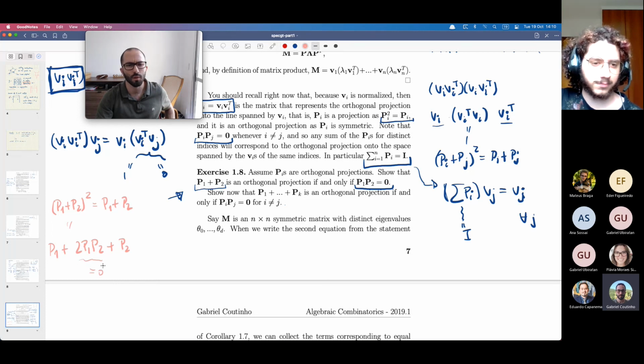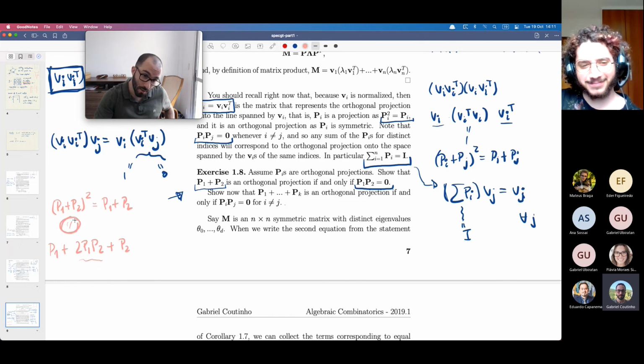So why is this difficult? What did I do? Why is this supposed to be difficult? The catch is that this thing is not true, because hidden in this equality is the wrong assumption that P1 P2 is equal to P2 P1.